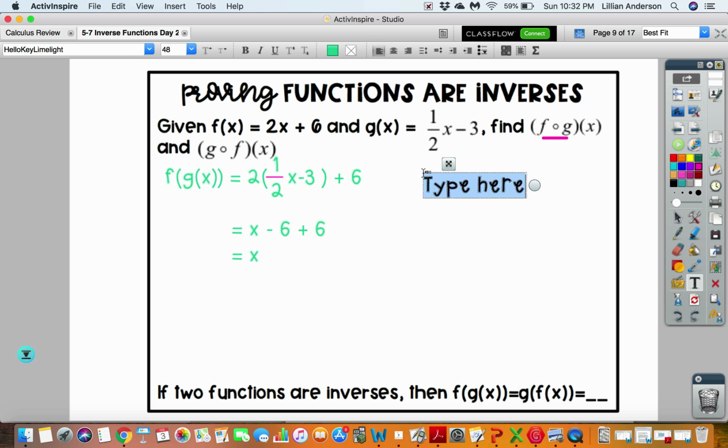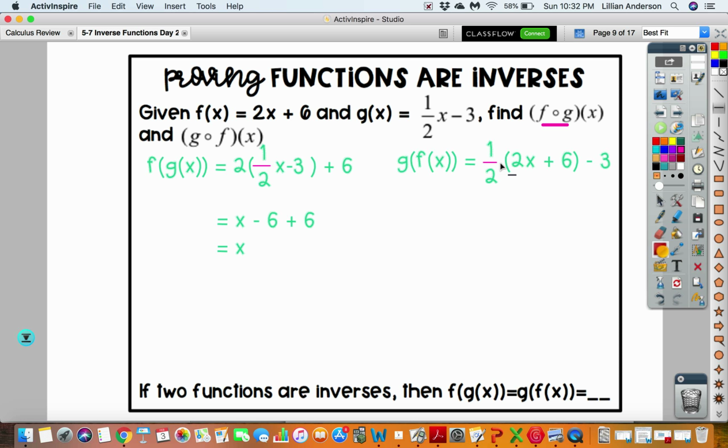Let's do the other way. Let's do g of f of x. So now I'm going to plug f into my g function. Everywhere I see an x in my g function, I'm going to plug in f. So again, just bear with me because I am typing this up. I have to insert the 1/2 because I can't really do fractions like that.